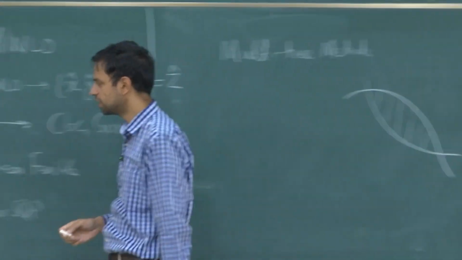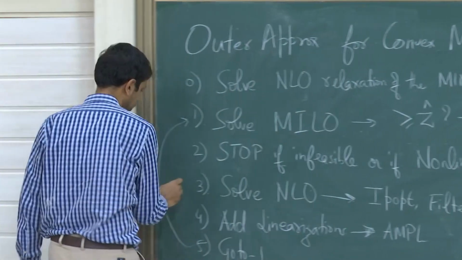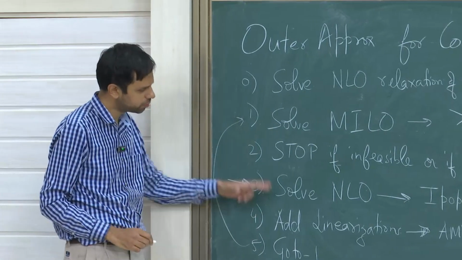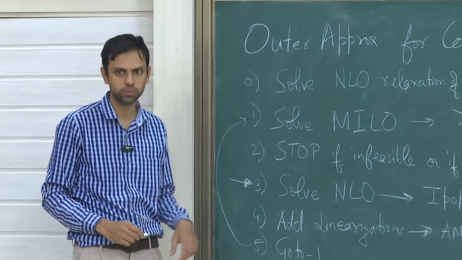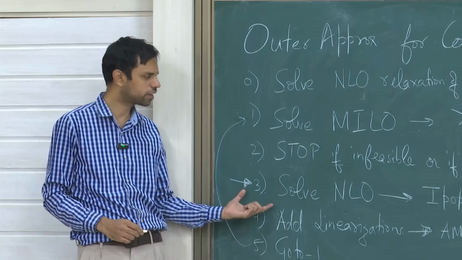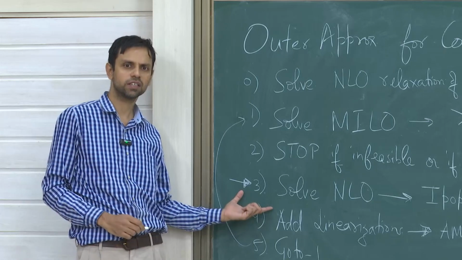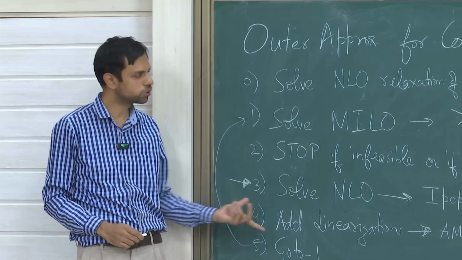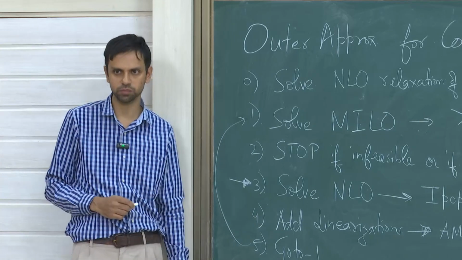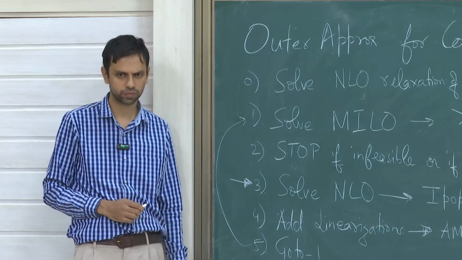It's just that it is hidden in this step, rather than being explicitly outside in the outer loop. So when these NLOs reach some tolerance, they stop, and the outer method ensures that this happens only a finite number of times.